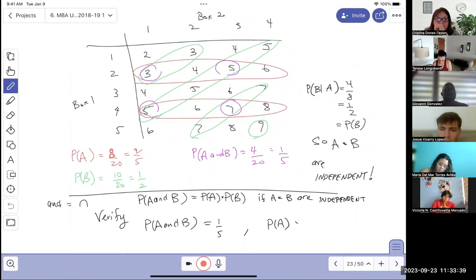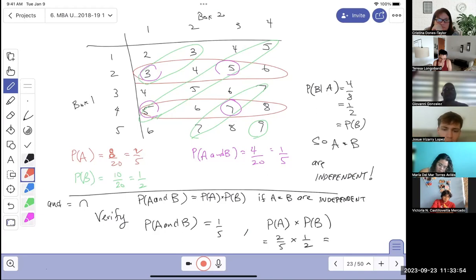And what's the probability of A times the probability of B? Well, we know A is 2/5 and B is 1/2. And what do you get? 2/10, or 1/5.